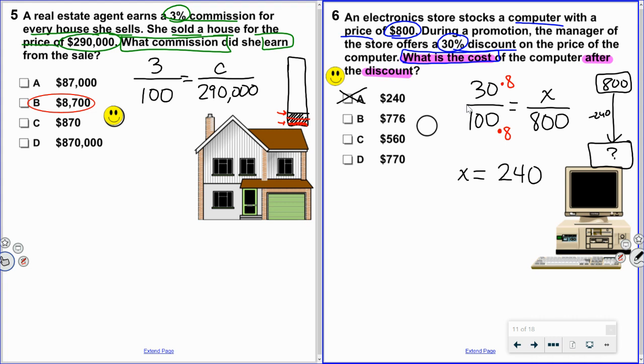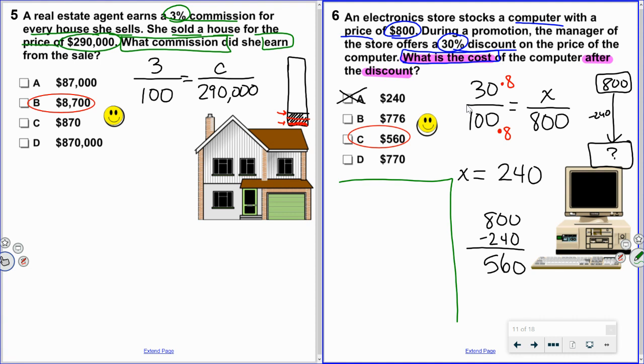Sure, you had to find that, but you must subtract $240 from 800 to get a final answer of 560. Now, in the past, I just want you to pause for a second, ask yourself, wait, why did that happen? Again, you have to know what the question's asking.